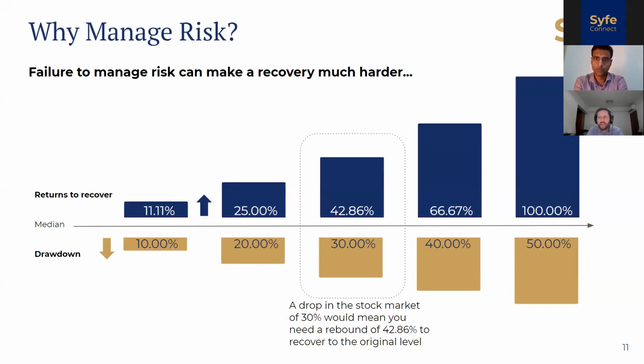So now this is important because, like I mentioned, emotion and bias very much come into the picture when investing, and the human emotion of fear definitely kicks in when we start to lose money.